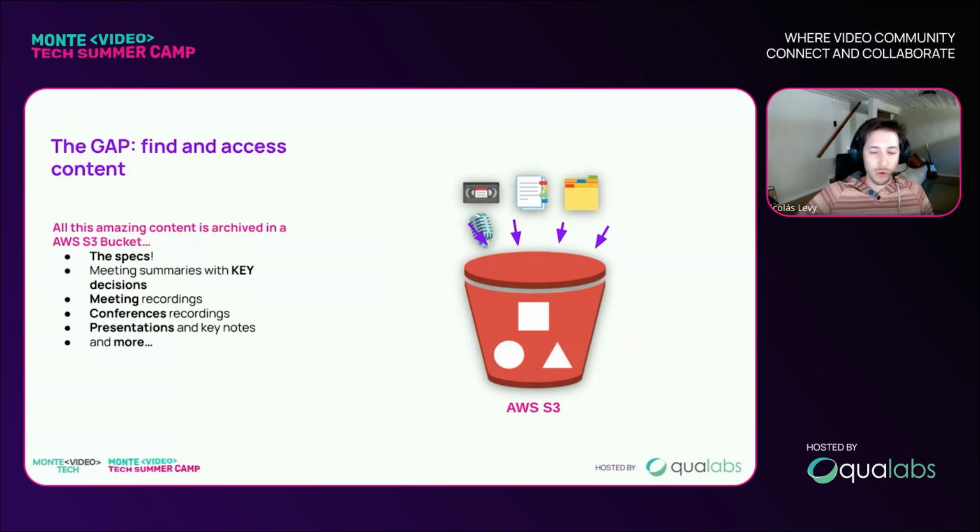They have all the specs, all the key decisions and meetings, board meetings, but also the working groups saying, okay, we have to do this because of such and such. Those are the real technical discussions that teach you why things are made this way. There are meeting recordings, conference recordings and presentations, a lot of stuff on an S3 bucket waiting for us.